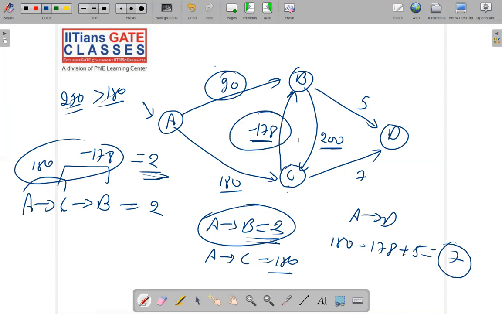Because there is a negative edge weight, and the Dijkstra algorithm is not made to consider negative edge weight. We are not talking about a negative edge weight cycle where both of these are negative. We are saying that only one of them is negative. Okay, and the Dijkstra algorithm also fails in a negative edge weight cycle because it can't identify a negative edge weight cycle.